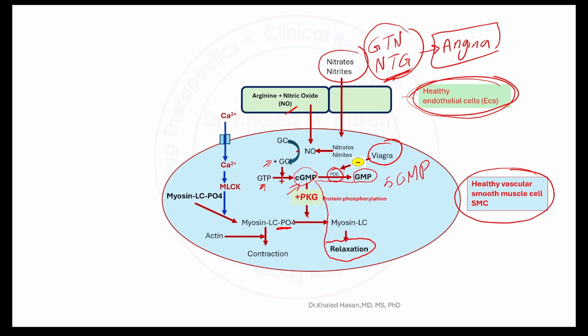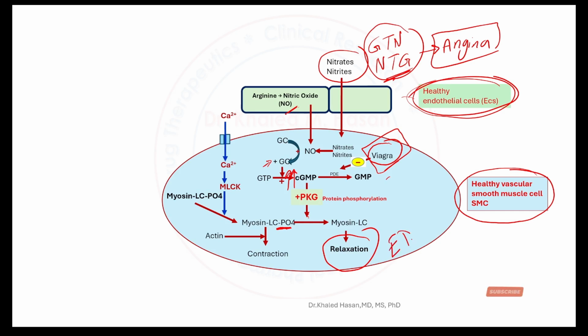Viagra or sildenafil inhibits phosphodiesterase. This will lead to accumulation, an increased level of cyclic GMP, and enhance relaxation. For this reason we use Viagra for patients suffering from erectile dysfunction, or impotence.